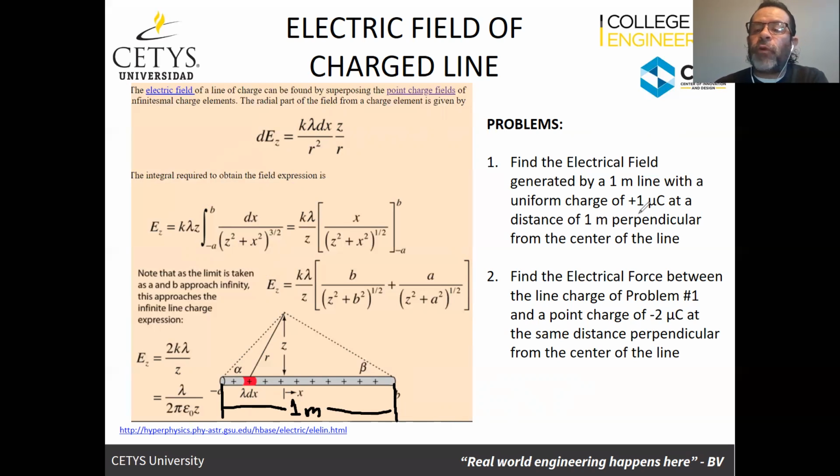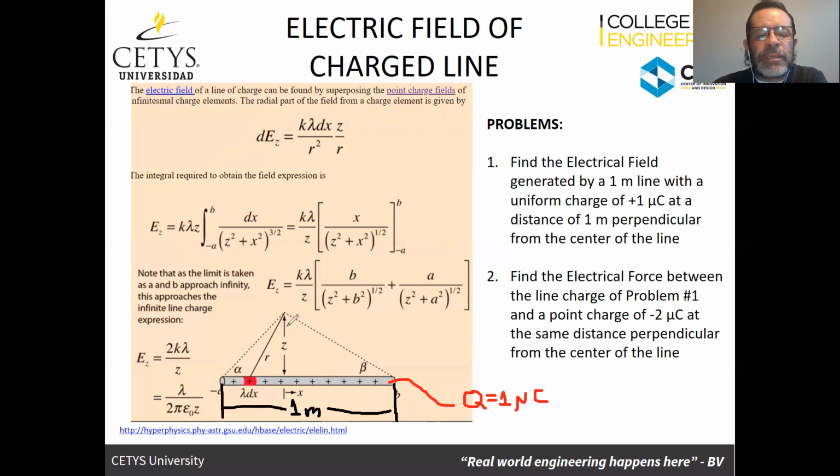It is a uniform charge of 1 microcoulomb. So the total charge of the line, Q, is 1 microcoulomb. That's one piece of information.